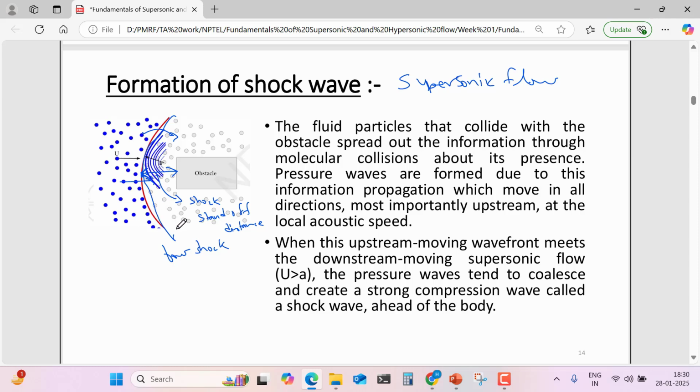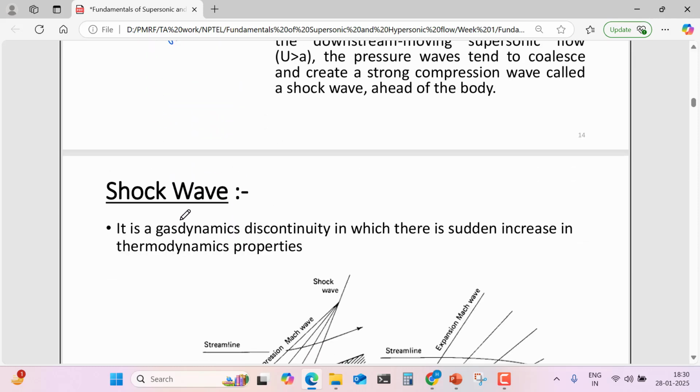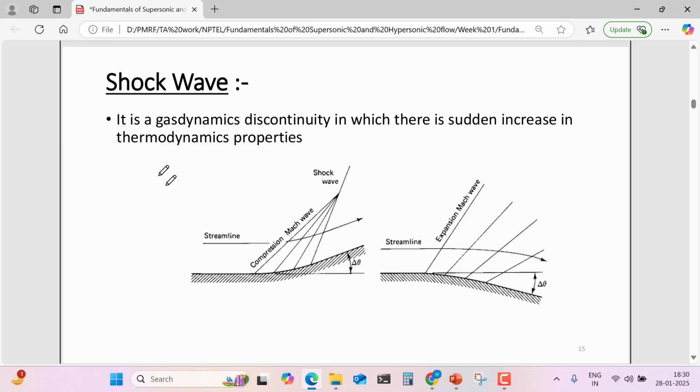So these properties will suddenly change. Generally, the shock wave also has finite thickness, but it is very small compared to the whole flow. The change is very large over a very thin distance. You can see it is 0.1 or 0.5 mm distance. The sudden change is happening in the flow. That's why it is treated like a discontinuity.